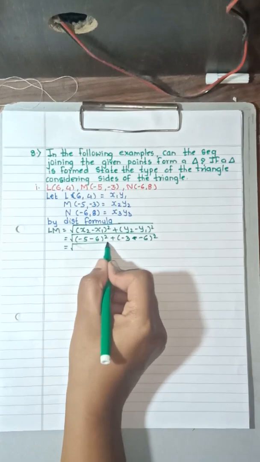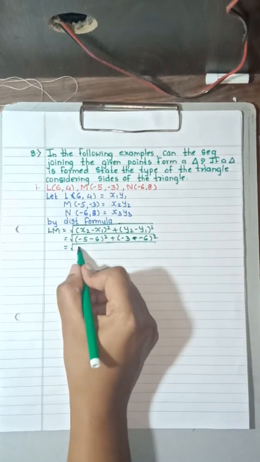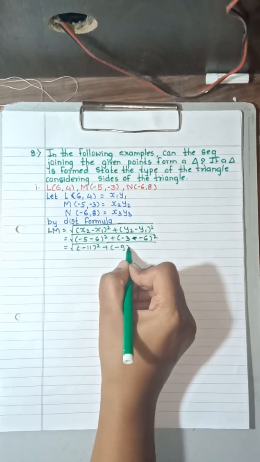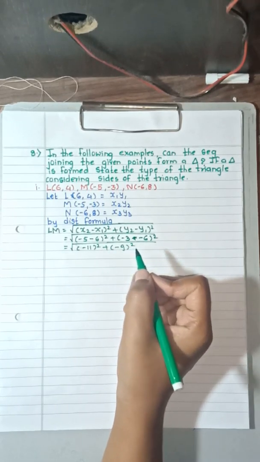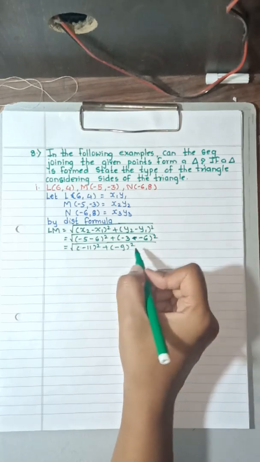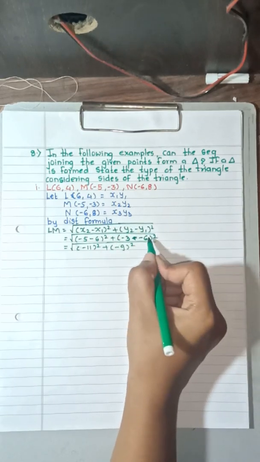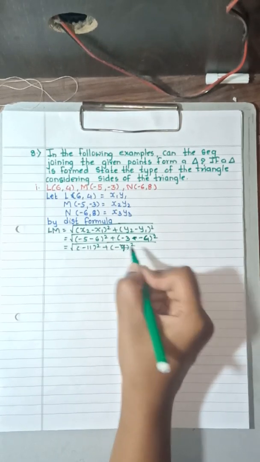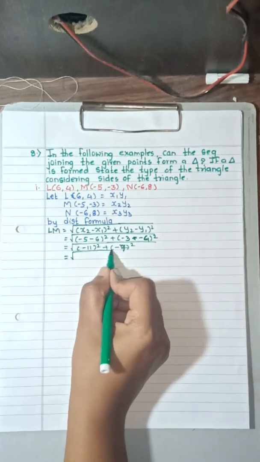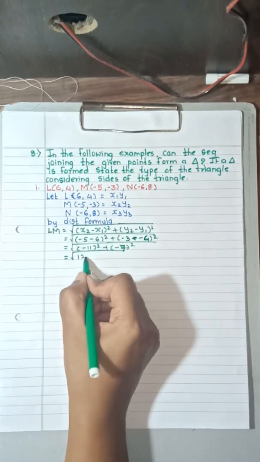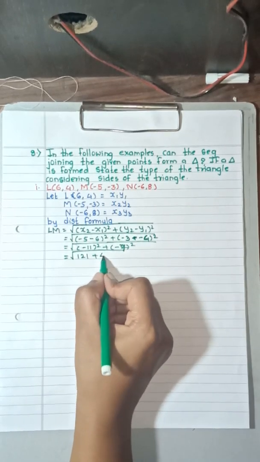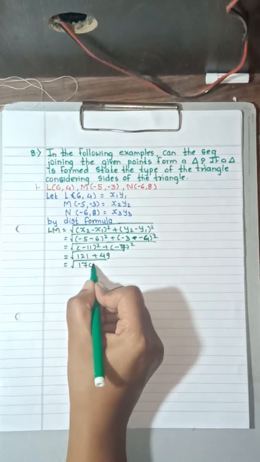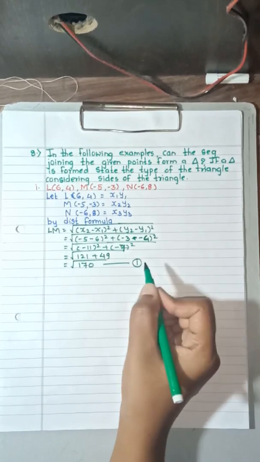This gives under root of (-11) square plus (-7) square, that is under root of 121 plus 49, that is equal to under root of 170, and this is your equation 1.